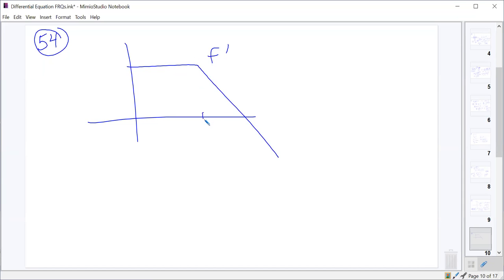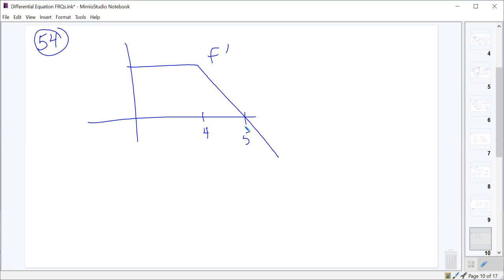It looks like this happens at 4, and this is 5. I guess I didn't make that quite as steep as I should have, but that's fine. And 54 says from the graph, it follows that f is discontinuous at x equals 4, f is decreasing for 4 to 7, et cetera, a bunch of different things.